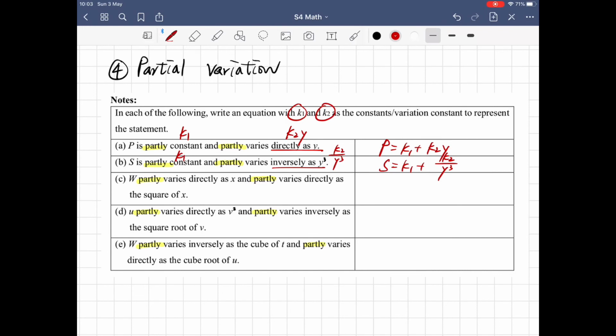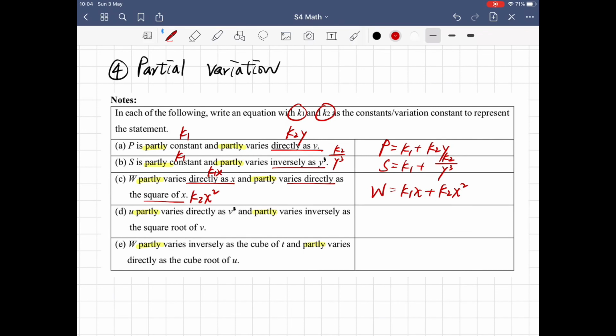For part C, w partly varies directly as x, so k1x. And then for the next part, varies directly as the square of x, so k2 x squared. So we have w equals k1 x plus k2 x squared.